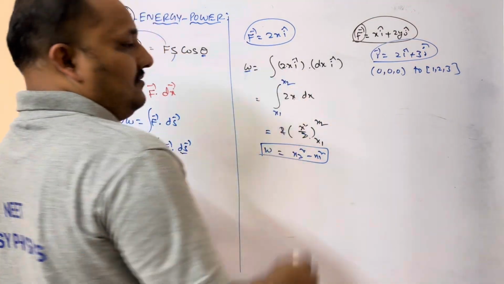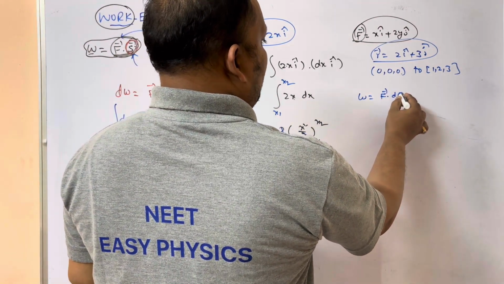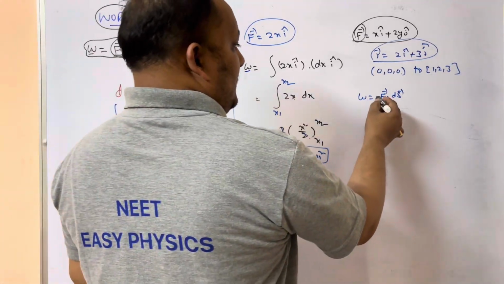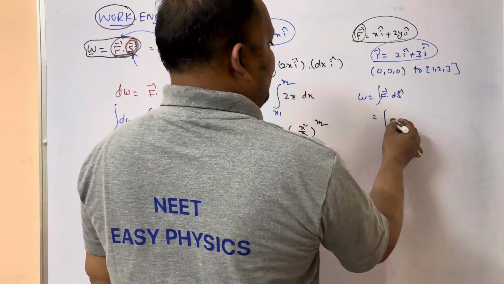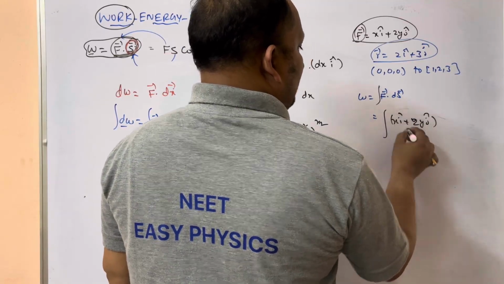So in this, work done W is equal to F bar dot ds bar, or dr bar, after doing integration. Now what is F bar here? x i cap plus 2y j cap.